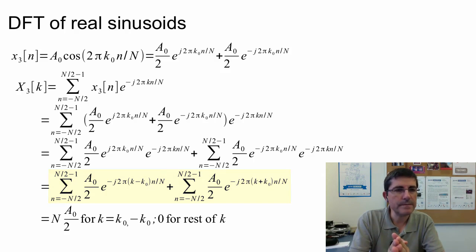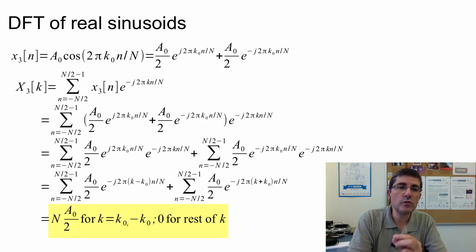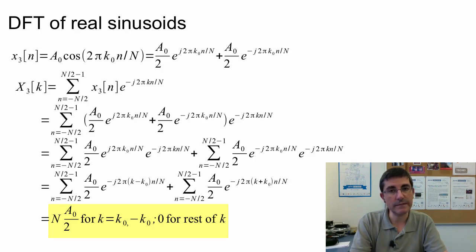Going through the logic that we did before, the result is going to have an amplitude a sub 0 over 2 at two frequency locations, k sub 0 and minus k sub 0, and it will be 0 for the rest of k.